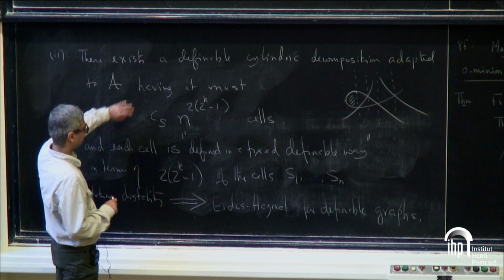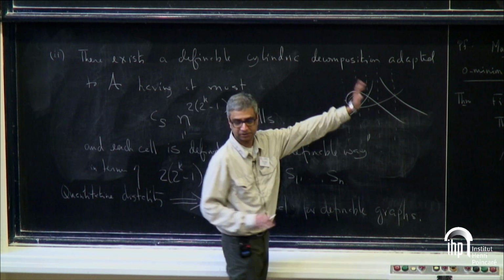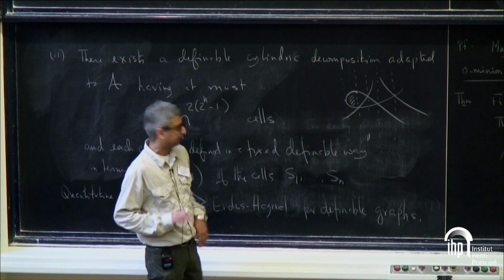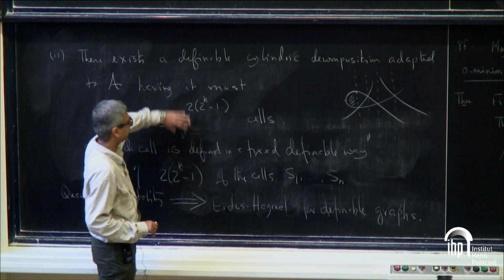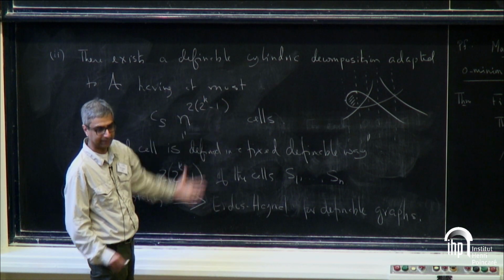Now, this decomposition, if you insist on having a cylindrical decomposition, which is important to have for many applications, perhaps not for this, then you cannot do anything better than this doubly exponential in the dimension number.